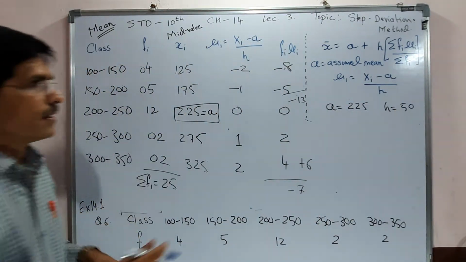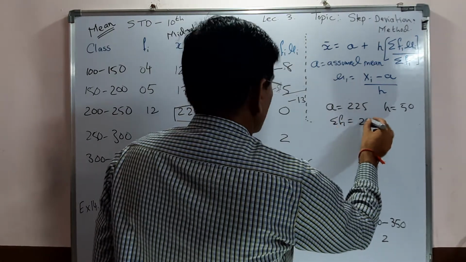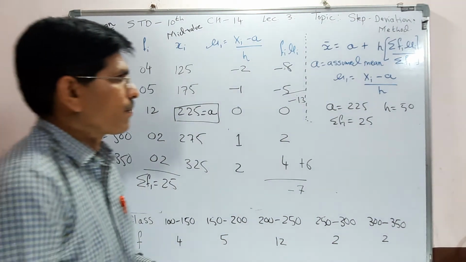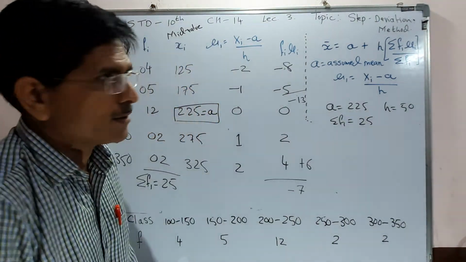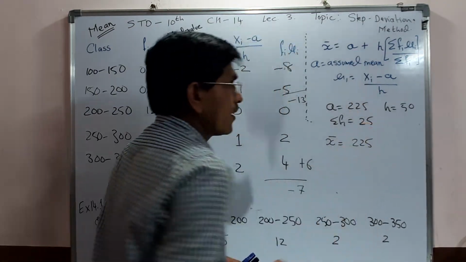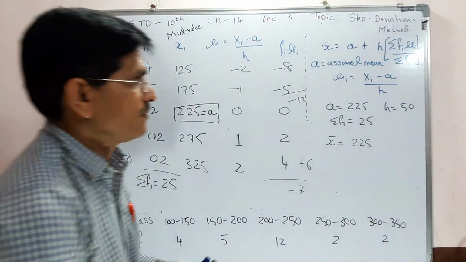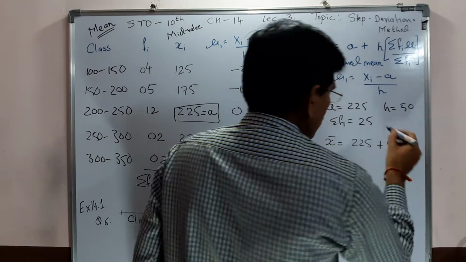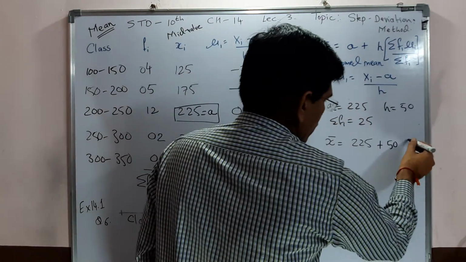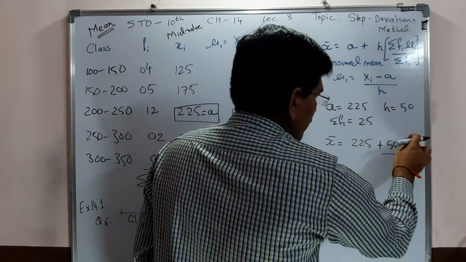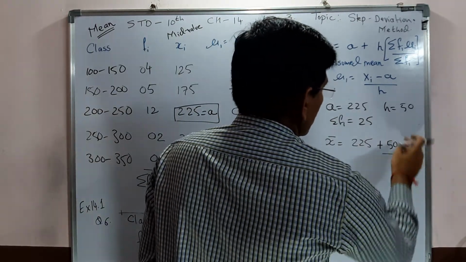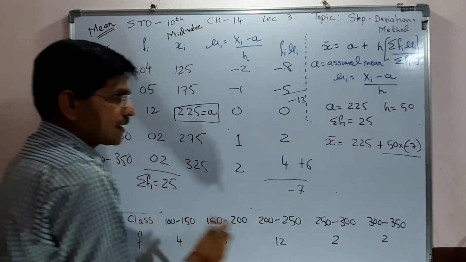Now sigma Fi, again I have to write. Now I have to put in all these values, and we can get x bar. So the formula is x bar is equal to a plus h into sigma Fi ui divided by sigma Fi. So you have to assume 225, afterward h, that is 50, into sigma Fi ui, that is minus 7, over sigma Fi, that is 25.